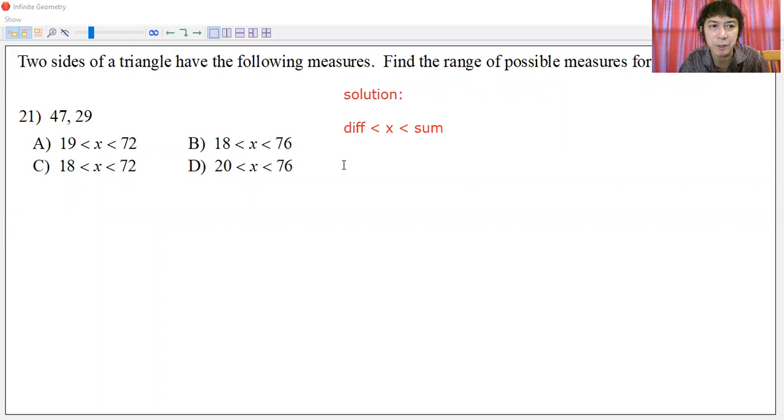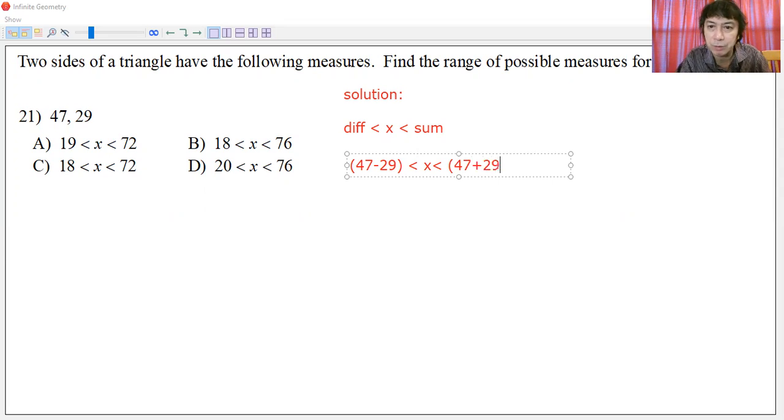It will be the difference, 47 minus 29. So that's 47 minus 29, and we have x. Sum is 47 plus 29. So let me put an open parenthesis there. 47 minus 29, and then we have 47 plus 29 on the other end.